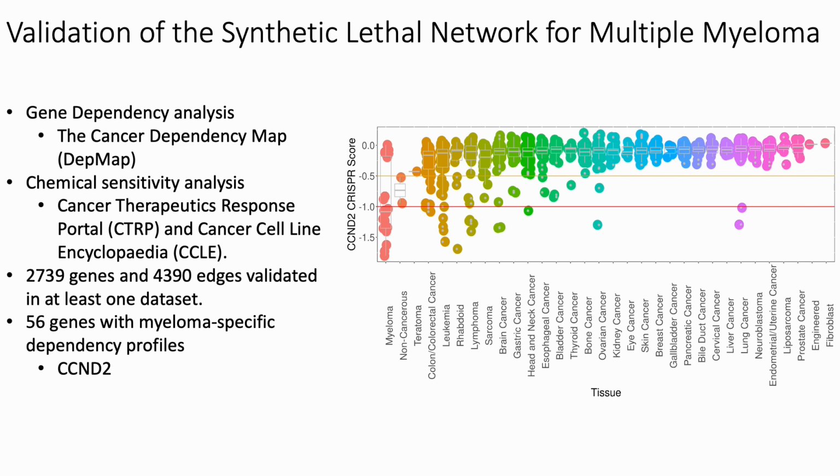The box plot shows an example of the CRISPR dependency scores for CCND2 across different cell lines. The plot shows that the loss of CCND2 has a selective dependency in myeloma cell lines, as shown by the negative CRISPR scores that correspond to a loss of cell viability.